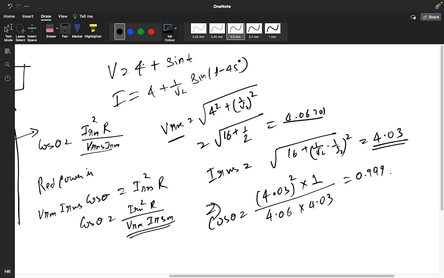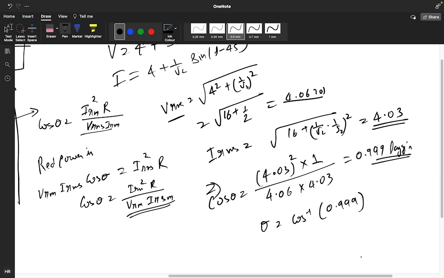Lagging or leading? Lagging will come. Yeah, great. What will be the theta value? Cos inverse 0.99, so the theta value will be 7.11 degrees. 7.11 degree only.